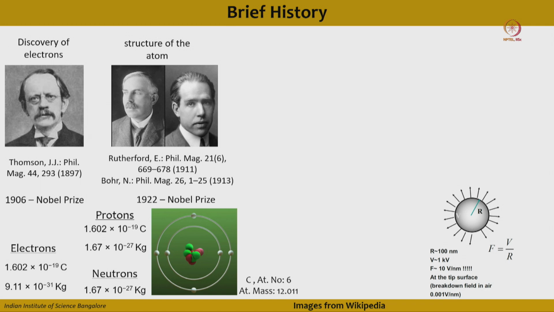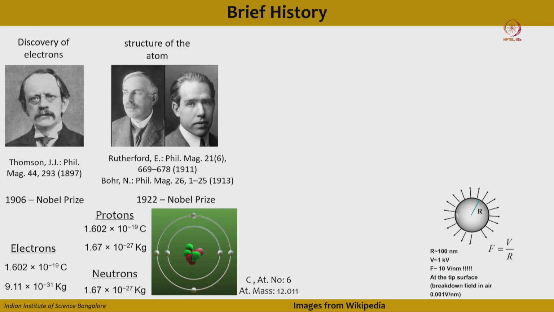The electrons are in certain orbitals having certain energies, and the nucleus contains protons and neutrons. Protons have an equal charge to the electrons, but a different mass.